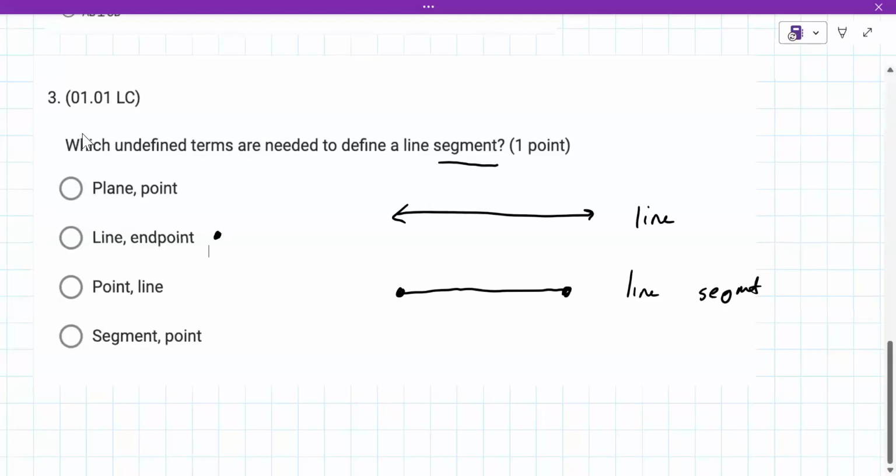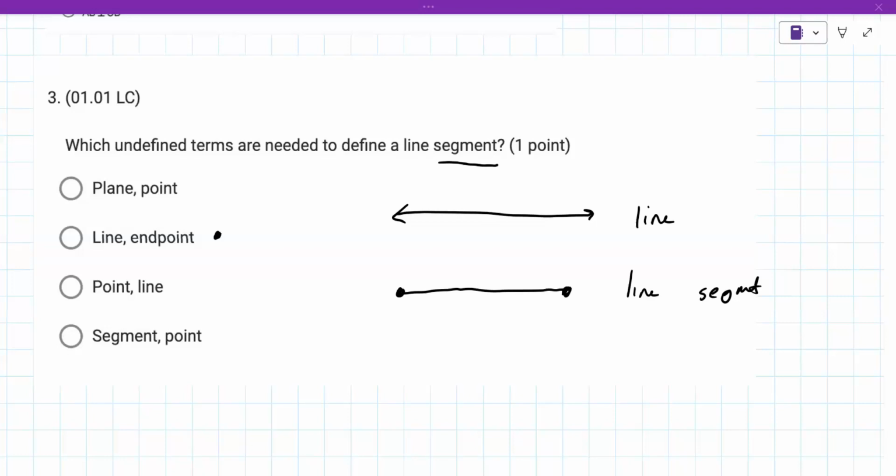Okay, so this is one of those where I'm going to go out to the internet and just see, because what we really want is endpoint. That is a line segment. But because it's multiple choice, it's like, what do they want? I don't know. So let's go figure out what they want here. Anything from the notes or videos stand out to you? Not really.